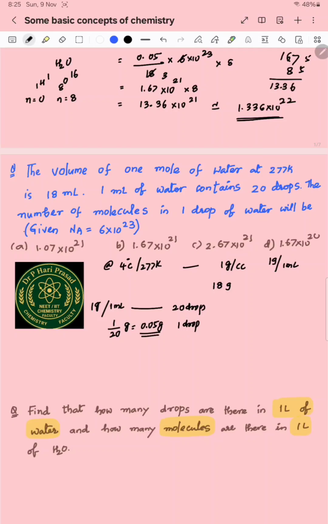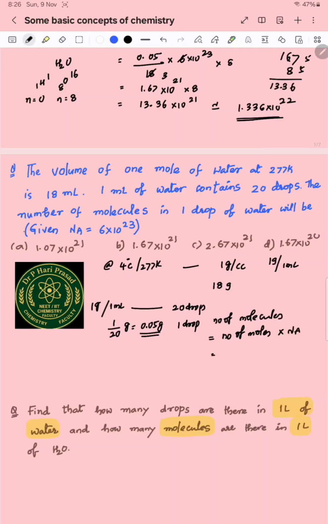Now the weight of 1 drop of water is 0.05 gram, right? What is being asked, student, is the number of molecules in 1 drop of water. So number of molecules is equal to number of moles into Avogadro number.